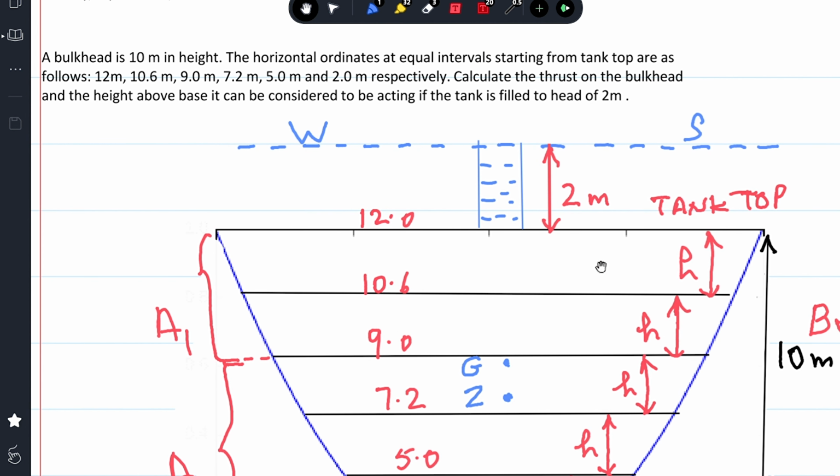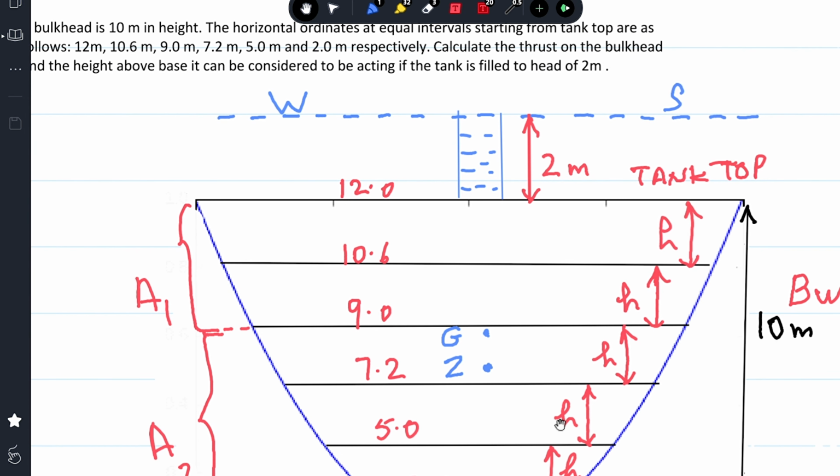We will have to do this question with Simpson's rules, but there are 6 ordinates given: 1, 2, 3, 4, 5, 6 ordinates. That means we have to split our bulkhead in 2 parts, so that one part can be calculated using Simpson's rule number 1, and the second part using Simpson's rule number 2.